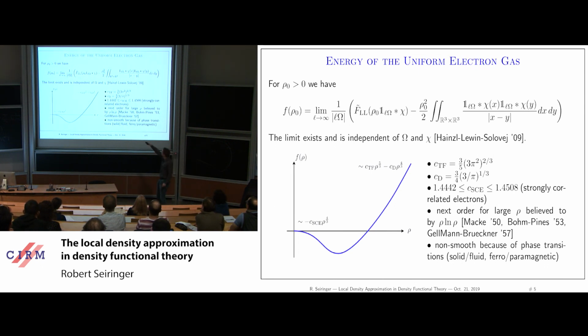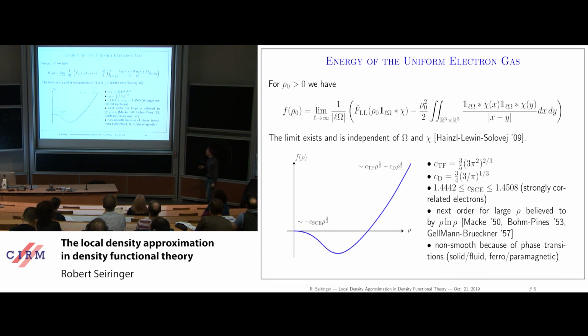So you look at the energy per unit volume, you take this thermodynamic limit, and that defines F as a function of this rho naught. Okay, and you can convince yourself that this is a proper limit in the sense that it doesn't depend on which omega you started with, and it doesn't depend on how you smear out the density, so how you do this transition here from rho naught to 0.